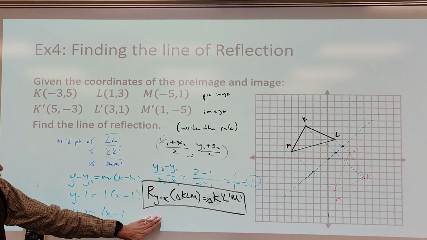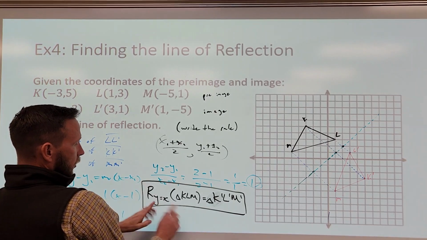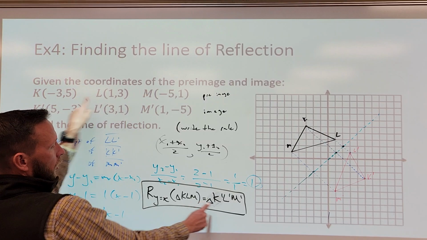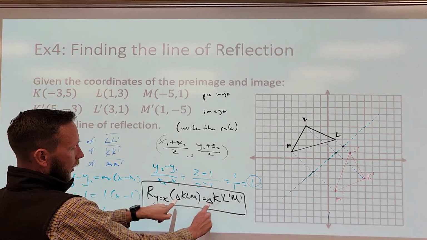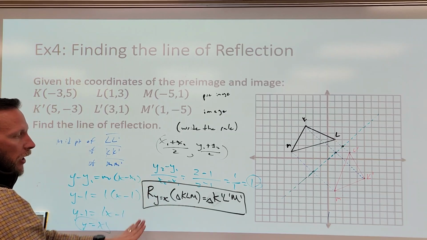This writing of the rule, not just finding the line of reflection, but writing the rule is very challenging because it's new. You're writing a new notation, all right? The good news is that you're given the original triangle. You know what the new triangle is, right? It's just the primes, right? And if you know you're doing a reflection, then you're writing a capital R.